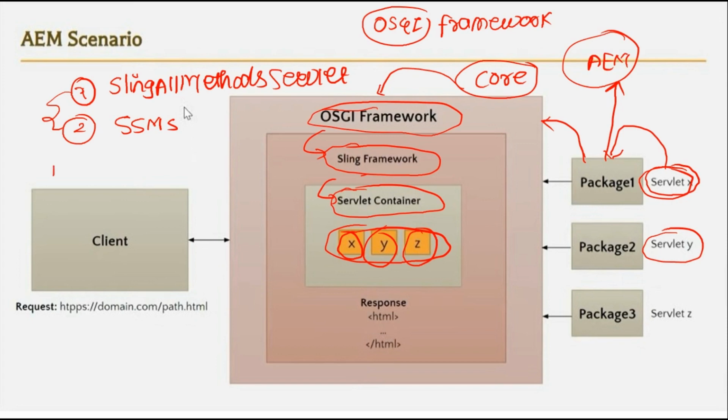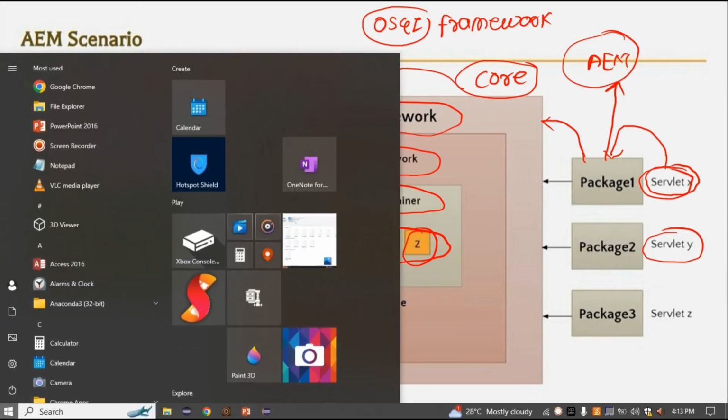Consider this is my normal class, public class A, and now I just want to convert this class into an AEM servlet. So how can I convert it? You can simply extend either SlingAllMethodsServlet or SlingSafeMethodsServlet.